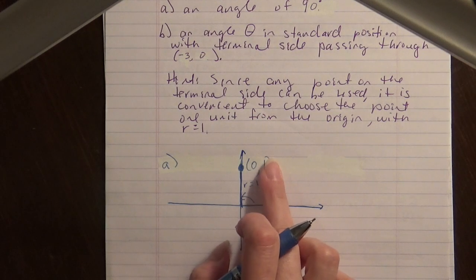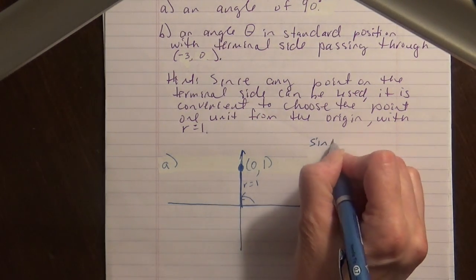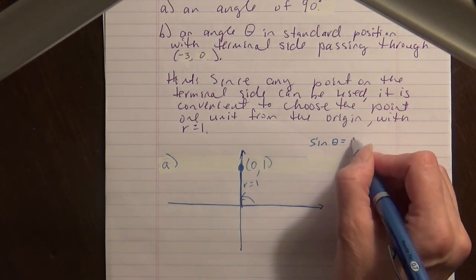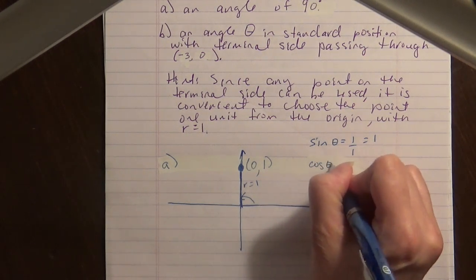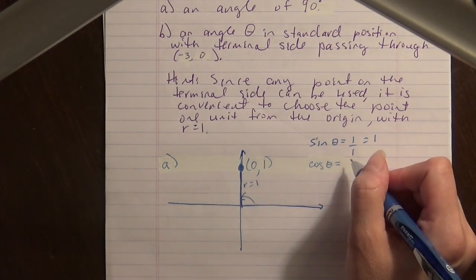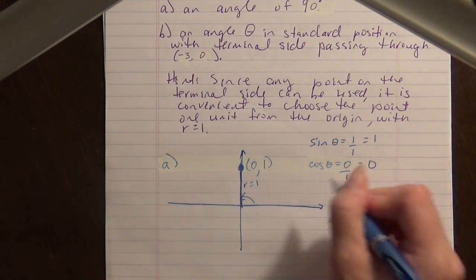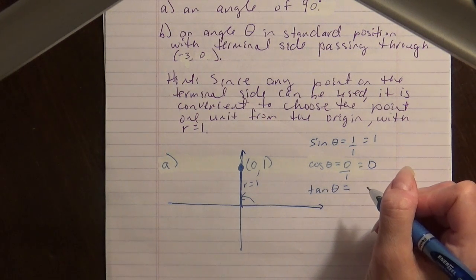We use these values to get our 6 trig functions. So sine theta, y over r, will be 1 over 1, which is 1. Cosine theta, x over r, well x is 0, so 0 over 1 gives me 0. Tan theta is y over x.